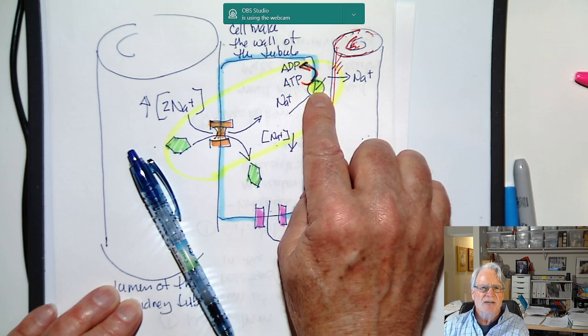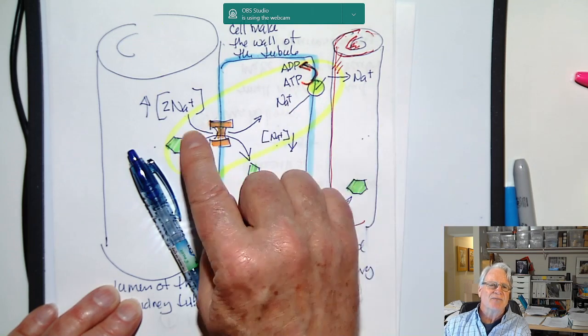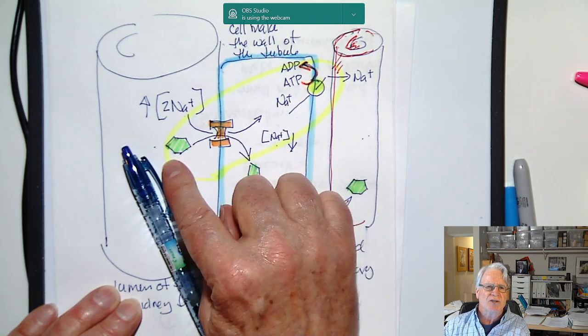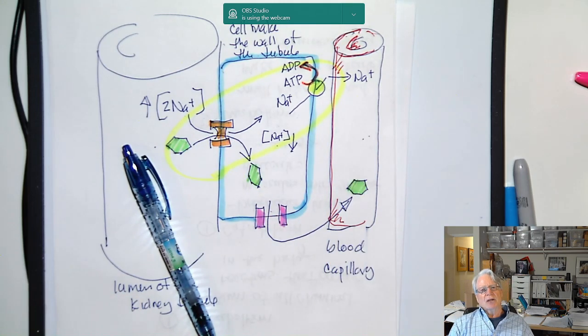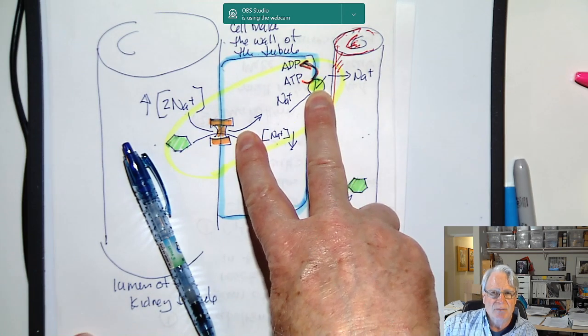Here, we're using the energy, and secondarily, we take advantage of that use of energy to drag this molecule into the cell and recapture it into the circulatory system. So secondary active transport. And again, I'm going to repeat this because it's so crucial to your understanding and so you don't get confused. Always connect these two events.